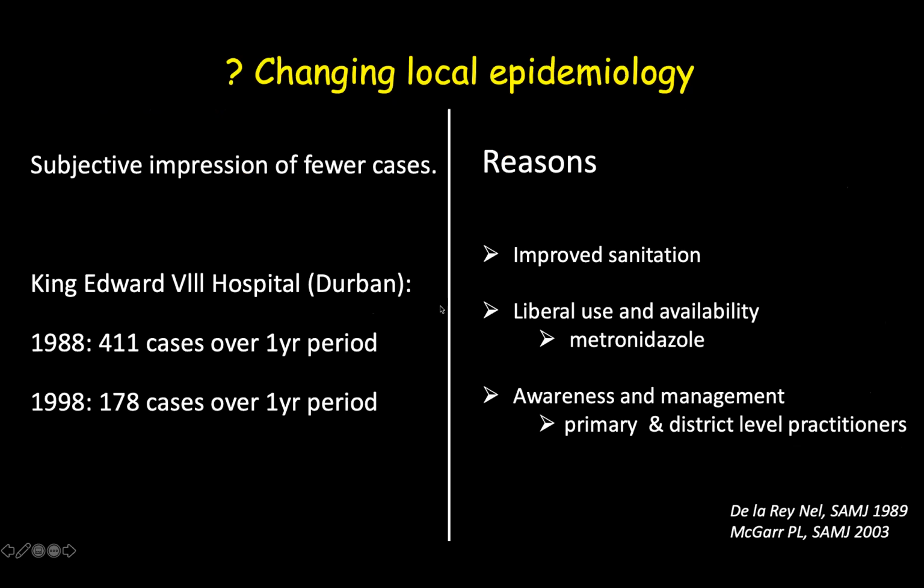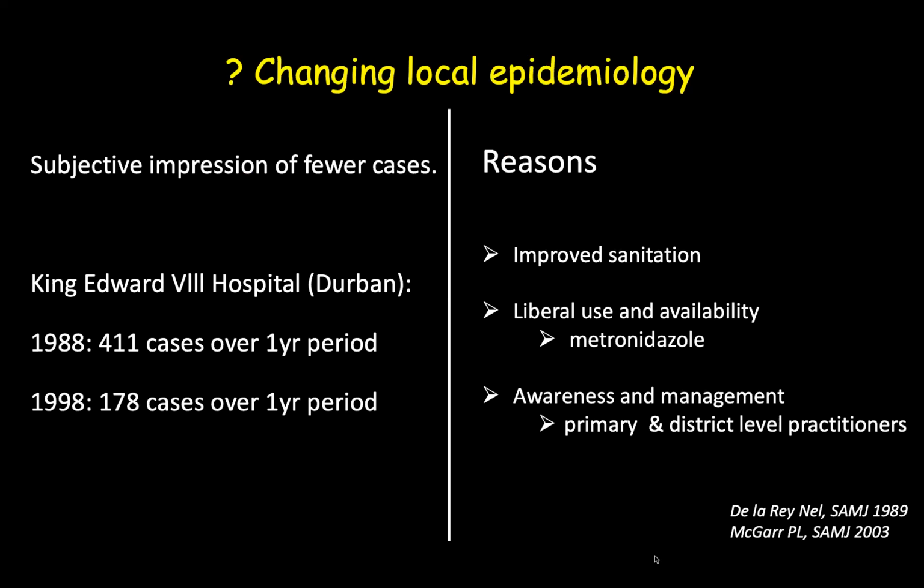So there is quite a bit of information emanating from Durban and also from other areas where amoebiasis is endemic. And when I first came here in 1986, I was involved with Delaray Nell and subsequently involved with a plastic surgeon called Magar, and we've published on these, and I'll show you some of that evidence.